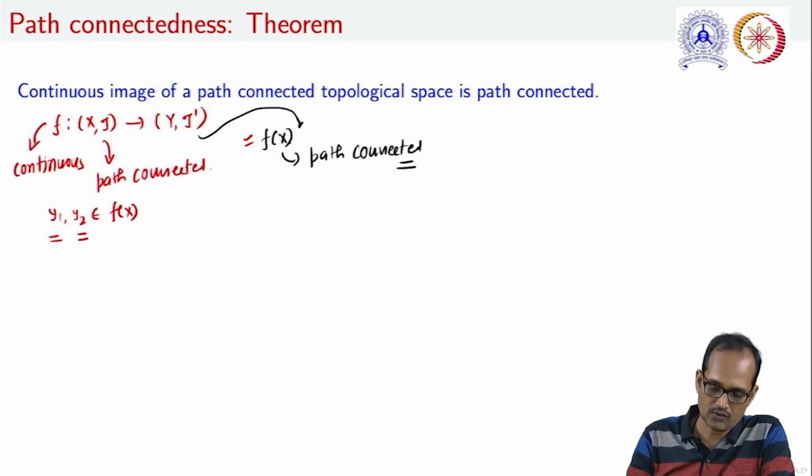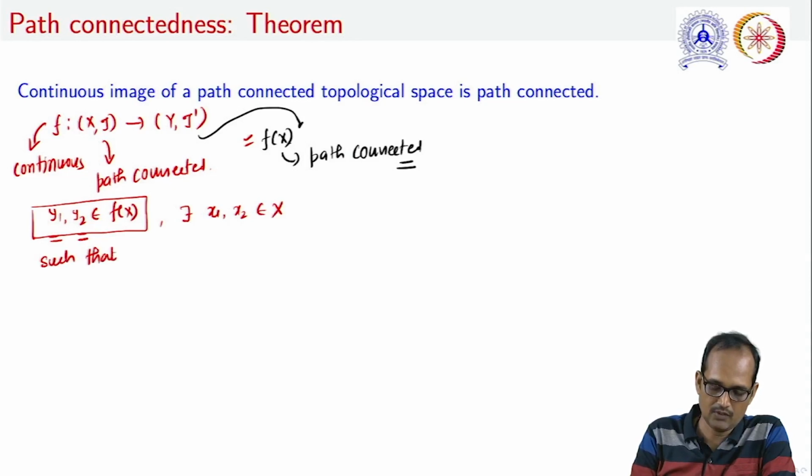In order to construct the path, as y1, y2 belong to f(X), obviously there exist some x1 and x2 in X such that f(x1) is equal to y1 and f(x2) is equal to y2.